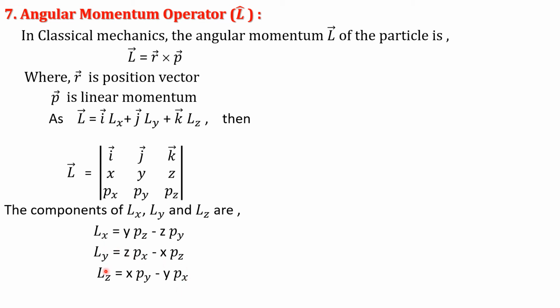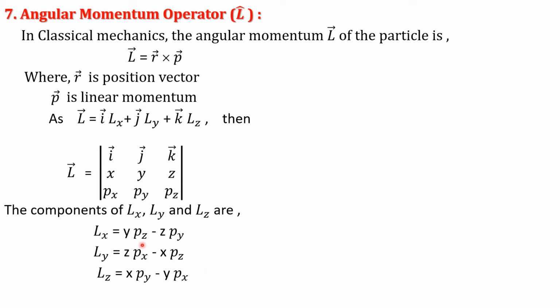Now here we get the three components Lx, Ly, Lz in terms of the linear momentum components: Pz, Py for Lx, Px, Pz for Ly, and for the Lz component, two components Py and Px.